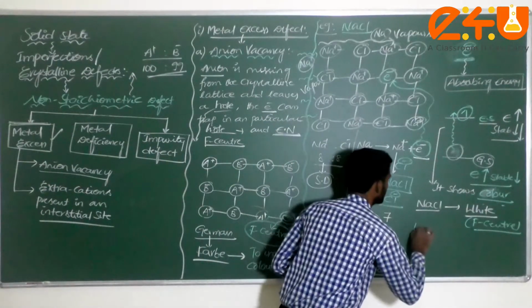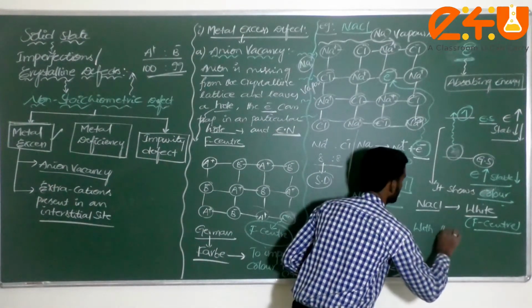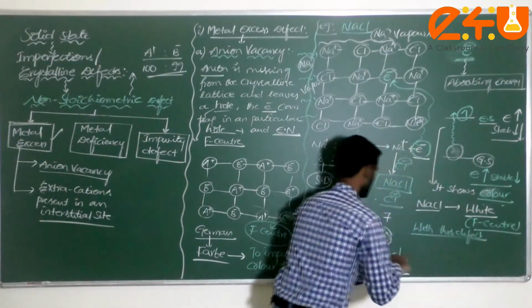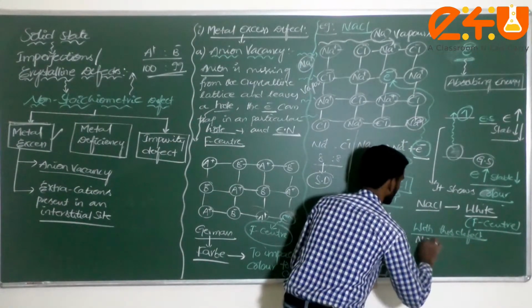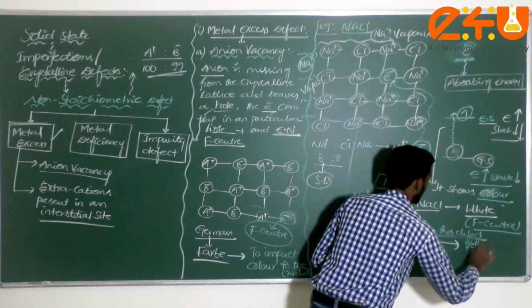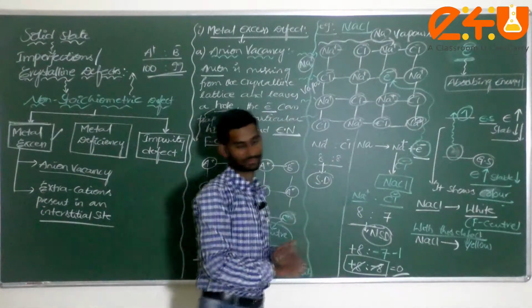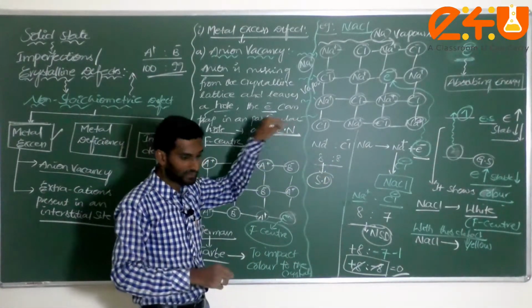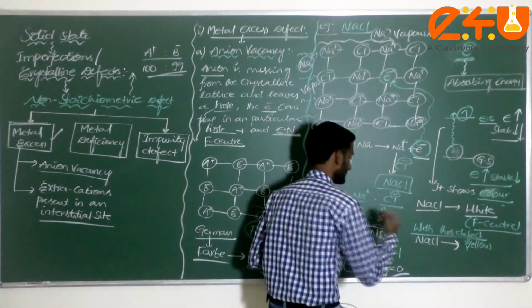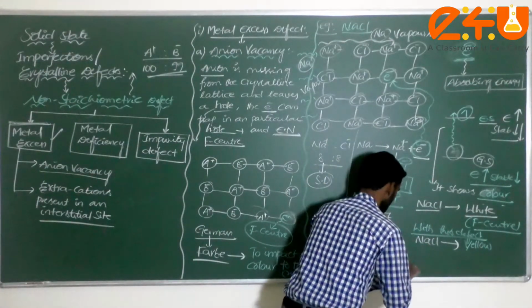Next one, with this defect, the color of NaCl is, what is, dear student? The color of NaCl is yellow. If the non-stoichiometric defect is there, the color of NaCl is yellow. And next one, some more are also there.